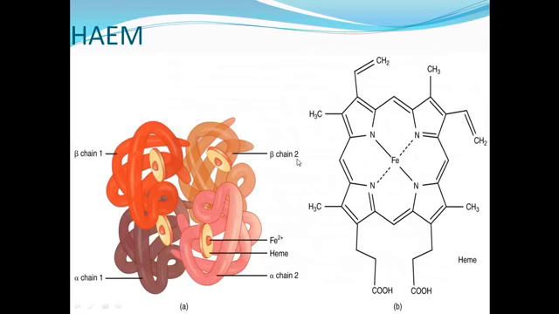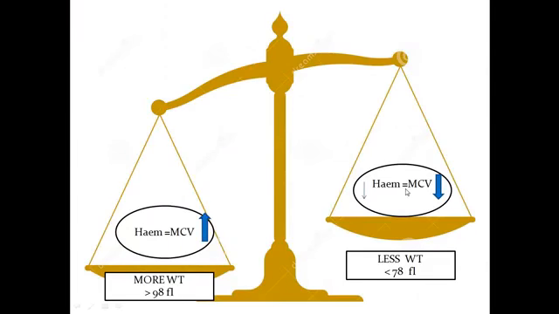Look at the structure of hemoglobin: four polypeptide chains, iron, and heme. Those RBC that have more polypeptide chains have more MCV, and those RBC that have fewer polypeptide chains, less iron, less heme, are smaller in size and have less MCV. Look again: less heme, less MCV.